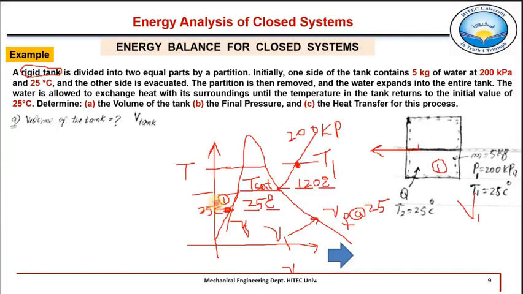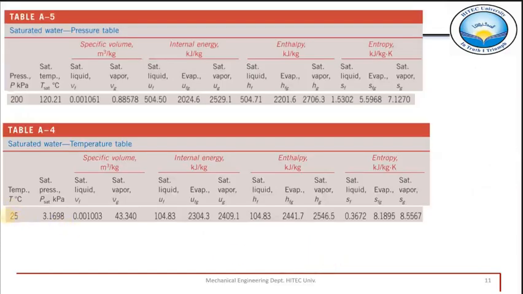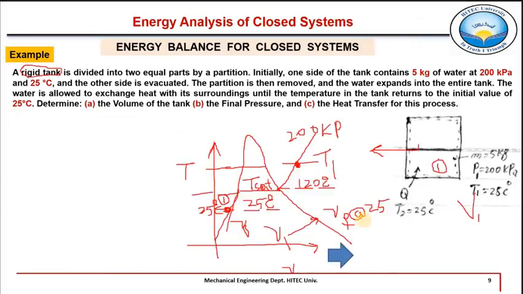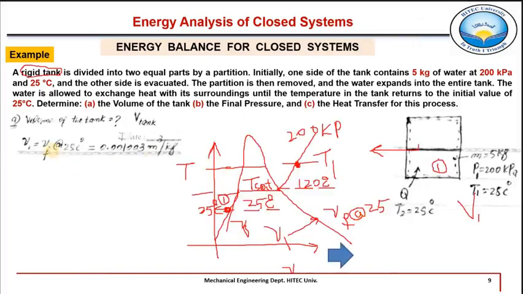So we can read V1 from the same table: for a given temperature of 25 degrees Celsius, Vf is 0.001003 meter cubed per kilogram. So small v1 is equal to Vf at 25 degrees Celsius. Our pressure is higher than the saturation pressure, but in the liquid region the effect of pressure can be neglected. So let's go back. Right, so that is shown here.